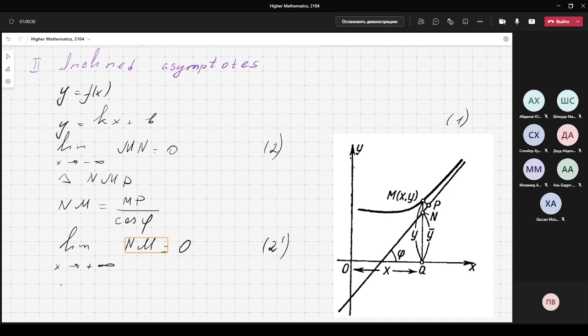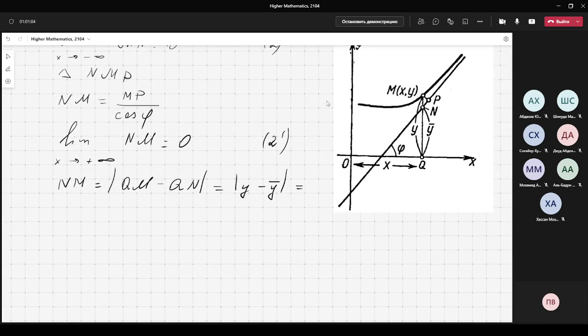But NM equals modulus of QM minus QN, or modulus of y minus y with the upper line, that is equal to modulus of f of x minus kx plus b.